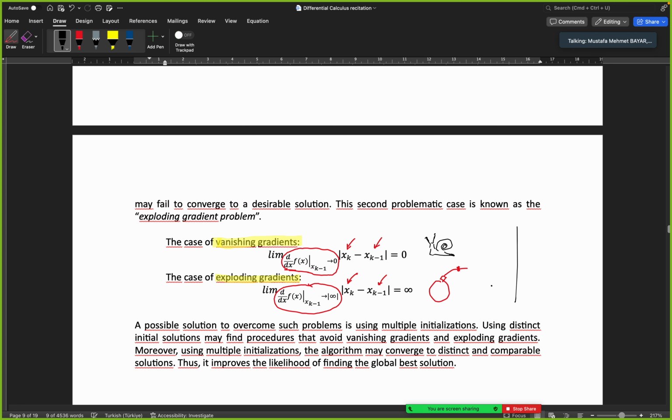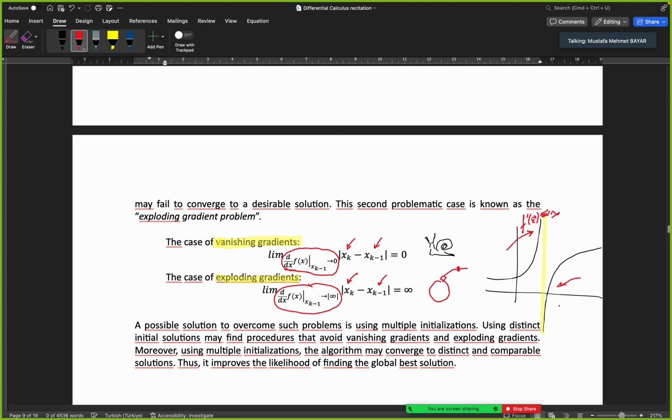So let me just illustrate one example for exploding gradients. So this is an asymptotic function. And around this region, when you approach the point from the left, the derivative is approximately infinity.